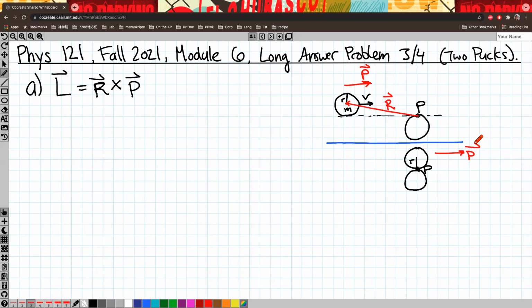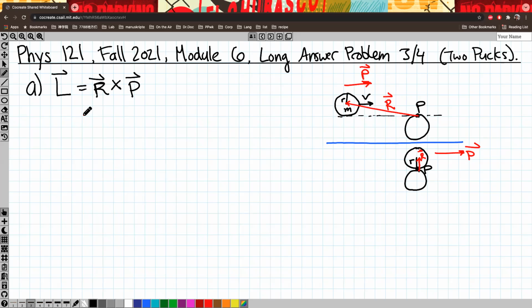So it would be from the pivot point to where again? To the object, to the center of the object. So the center of the object, would it be? Oh yeah, so it is just R. Okay. So now, how about the cross product?